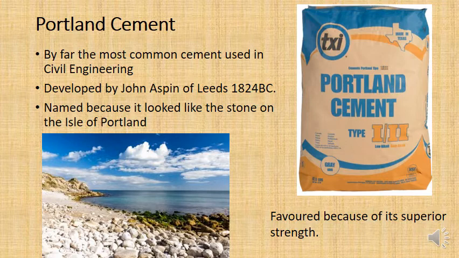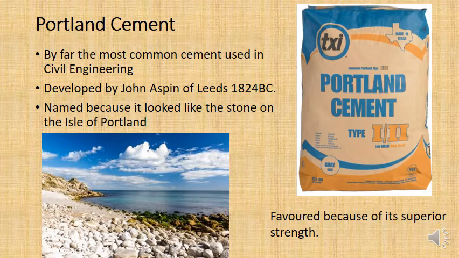John Aspdin used to go to Portland on his family holidays, and he said, you know what, this cement that I've created is very much like the stones on the Portland beaches. So you can see a picture of Portland down there, and all these very light coloured stones on the beach. That's what Portland cement resembled.